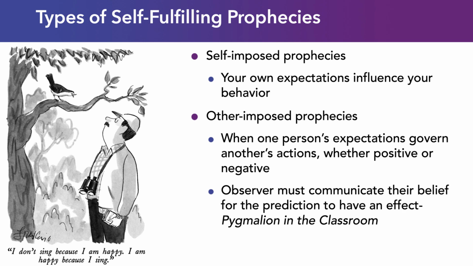I remember my father telling us about this when we were youngsters. Basically, in an elementary school, teachers were told these students were gifted, that they were high achieving students. Mrs. Smith, in your class, you've got these four students and they are gifted.